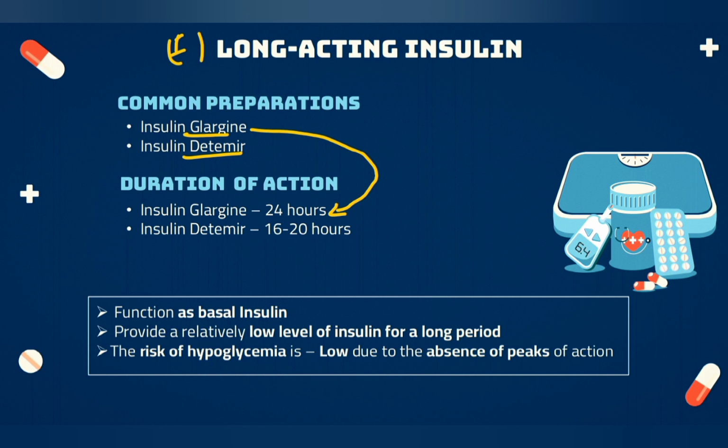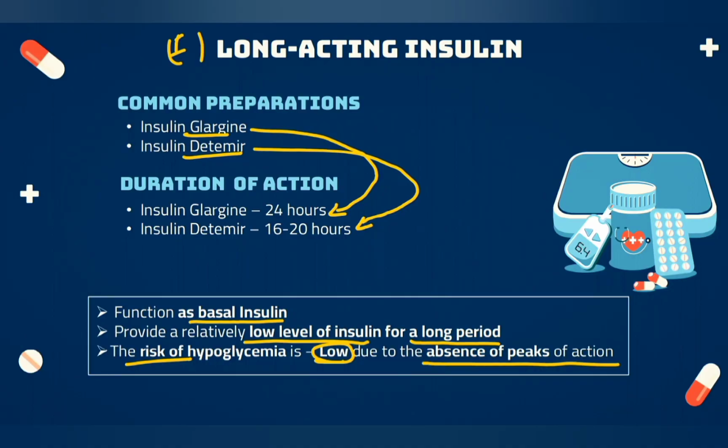The detemir has a duration of action of 6 to 20 hours, and these long-acting insulins are also known as basal insulin, as they provide a relatively low level of insulin for a long period of time. Because of that, the risk of hypoglycemia with this long-acting insulin is very low, as there is an absence of peaks during the action of such insulin.